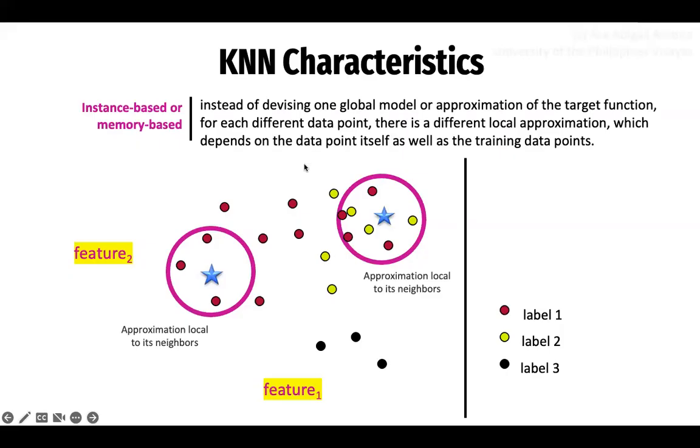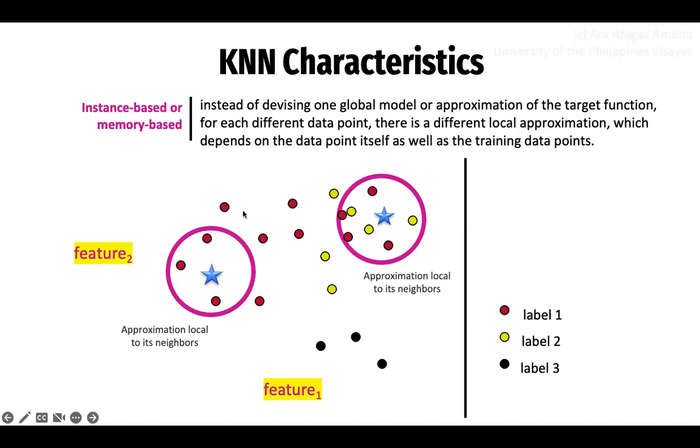And let's say if we add more points, for instance, the approximation for this data point will not be affected, but for this one, the approximation will be drastically changed. As you can see, if we introduce more red points here, then it will no longer be classified as yellow, but as red.